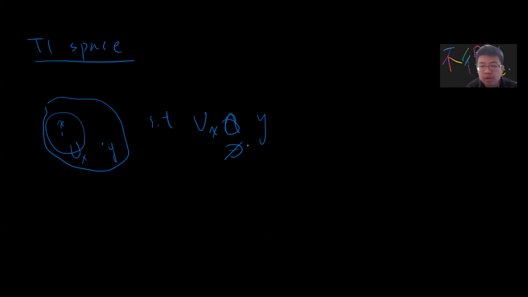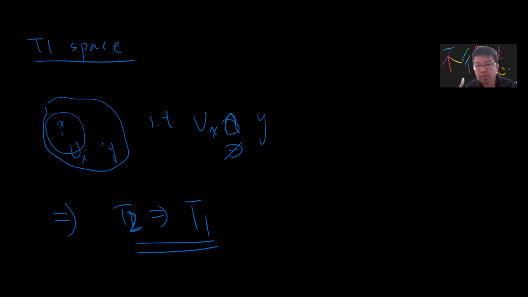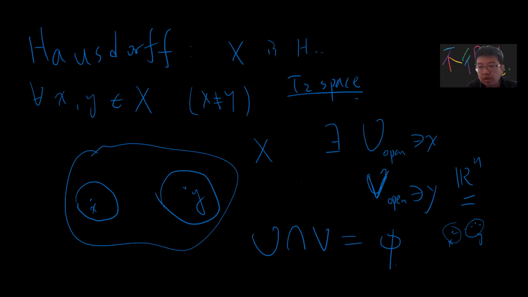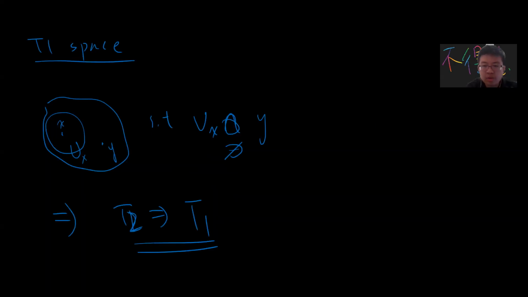So T1 is much weaker than T2. T2 implies T1, because T2, the Hausdorff condition, means any two points have open neighborhoods which distinguish them, but T1 does not. These two are topological invariants which are preserved.